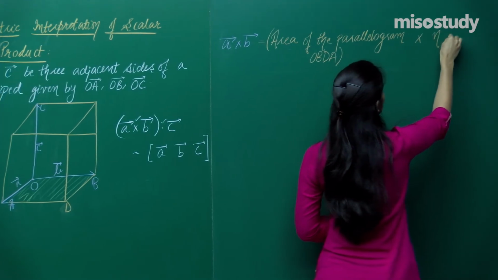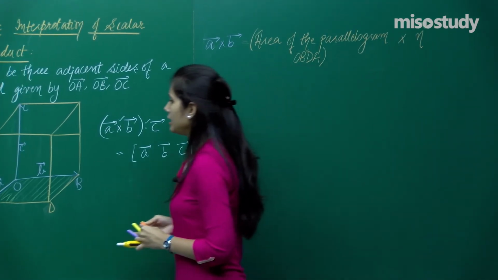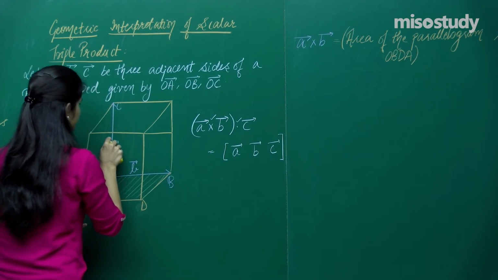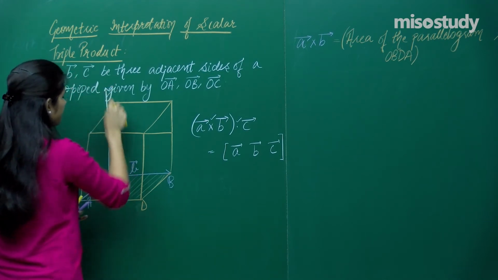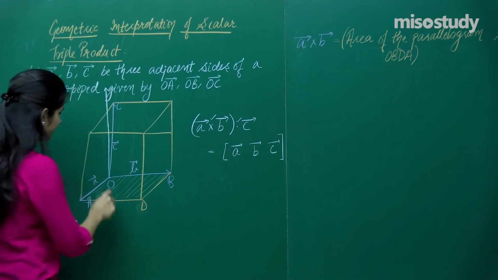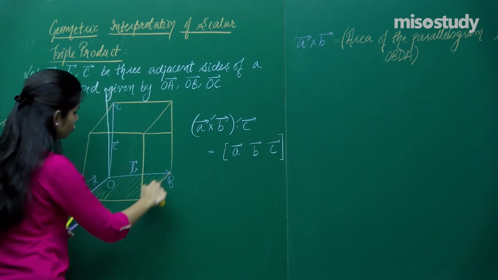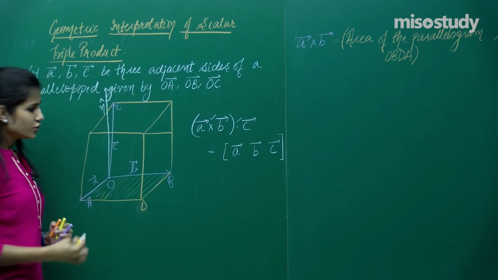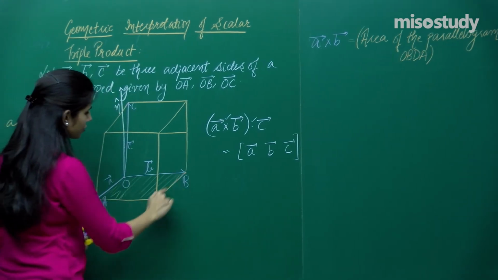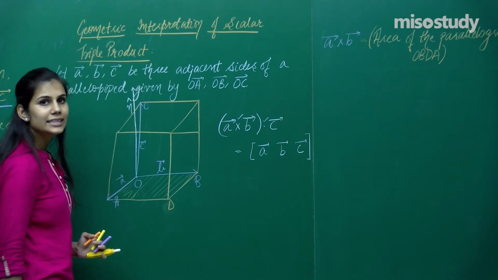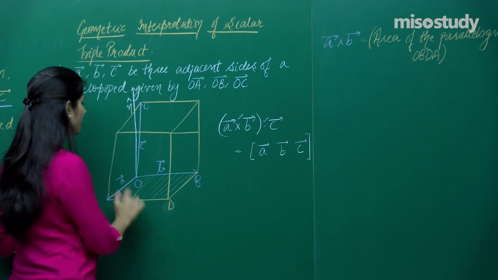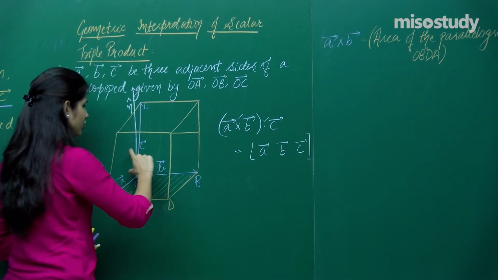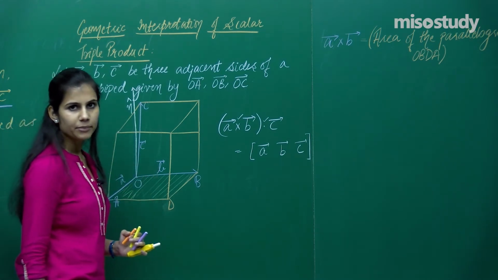Let me mark this perpendicular. It has the name n cap. This is the direction perpendicular to the plane of this parallelogram, and the unit vector in this direction is denoted by n cap.